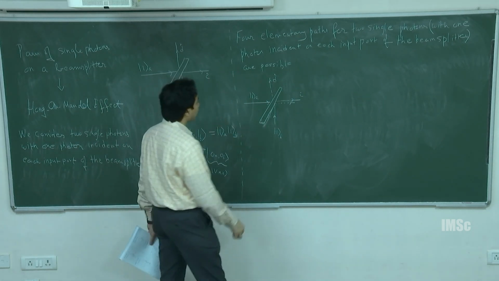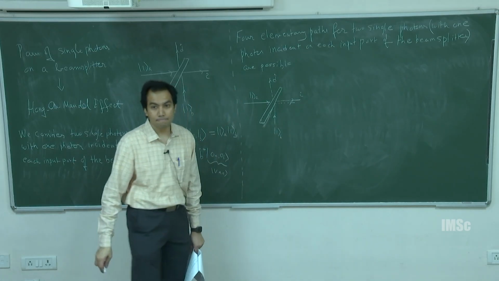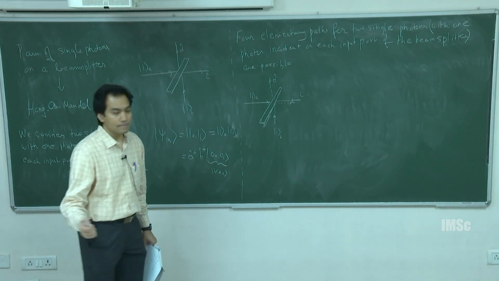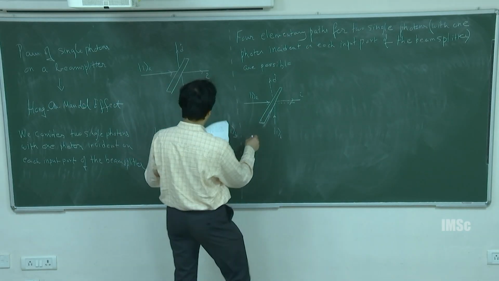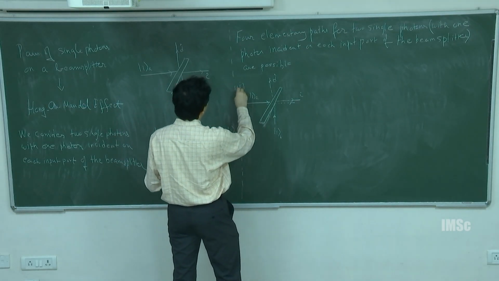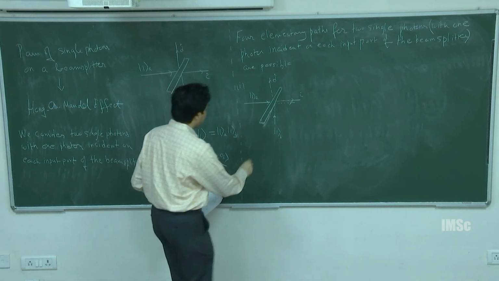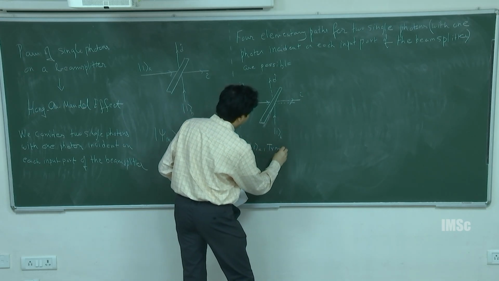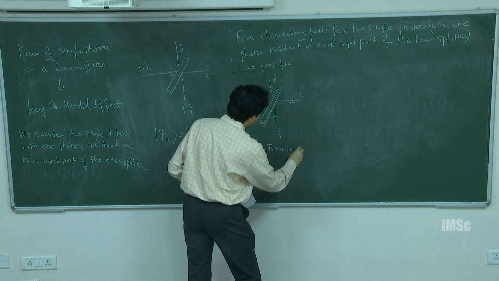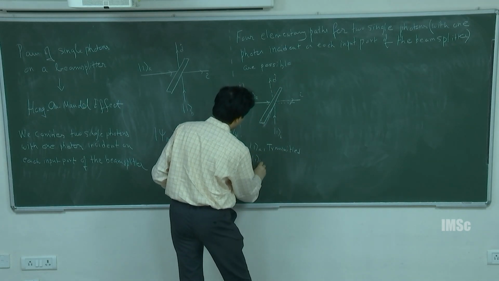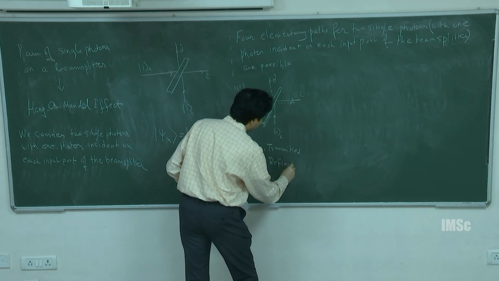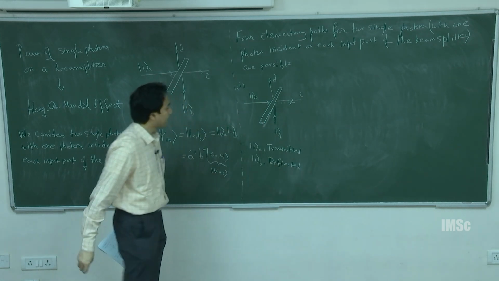So how many photons will exit through mode D for this particular possibility? Basically the A photon is transmitted, B is reflected.